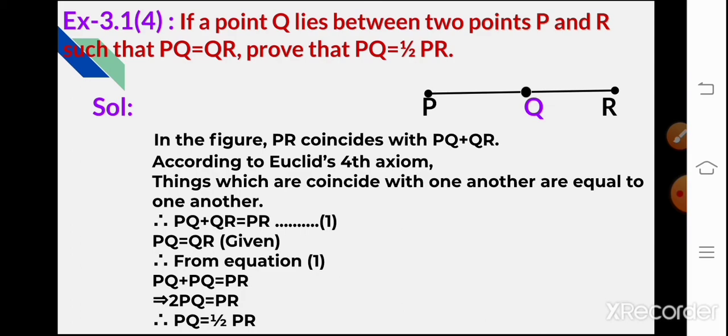Next we will see the fourth problem from exercise 3.1. If a point Q lies between 2 points P and R such that PQ equals QR, prove that PQ equals 1 by 2 PR.